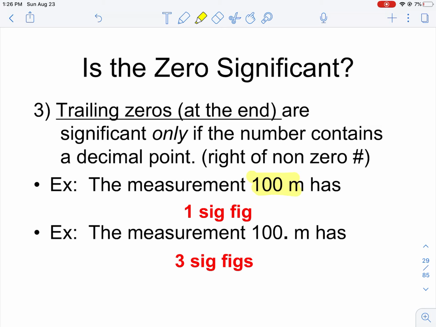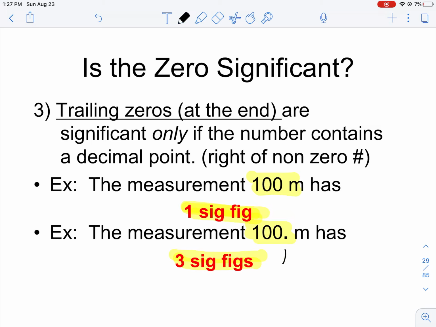However, if there is a decimal place, the zeros are significant. So 1, 0, 0 with a decimal place means it's significant, and there are 3 sig figs. For trailing zeros, if there's no decimal place, they are not significant. If there is a decimal, they are significant.